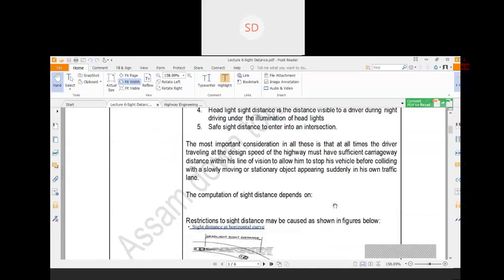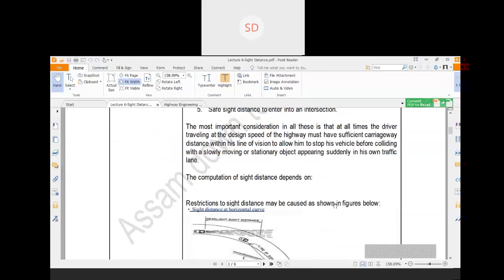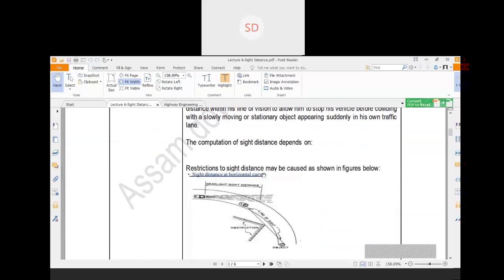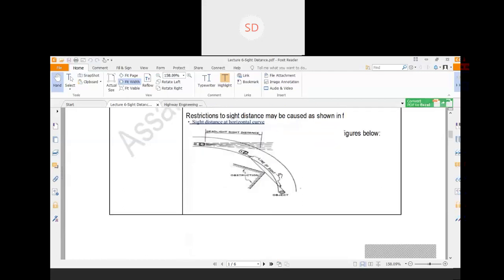Now, the computation of the sight distance depends on various factors, and the restriction to sight distance is caused by different factors. For example, this is a horizontal curve.